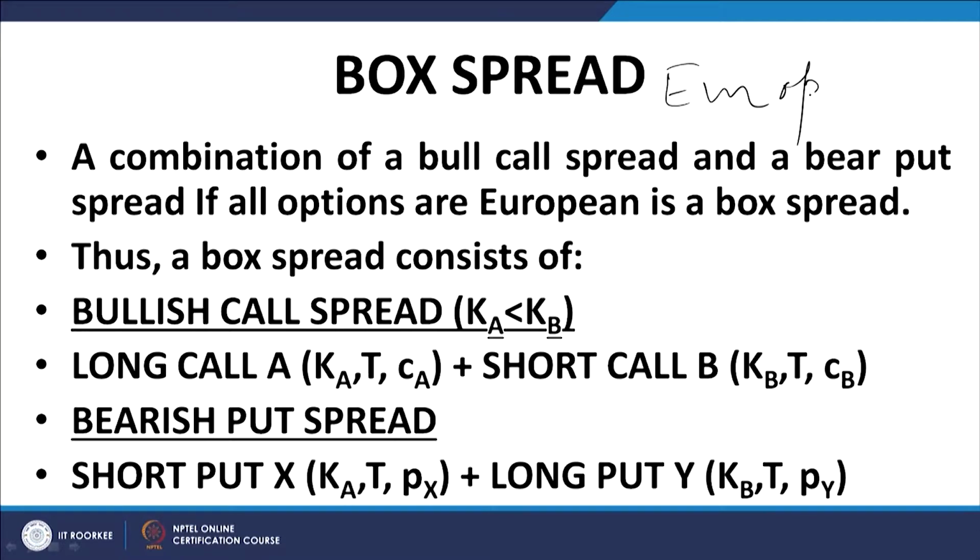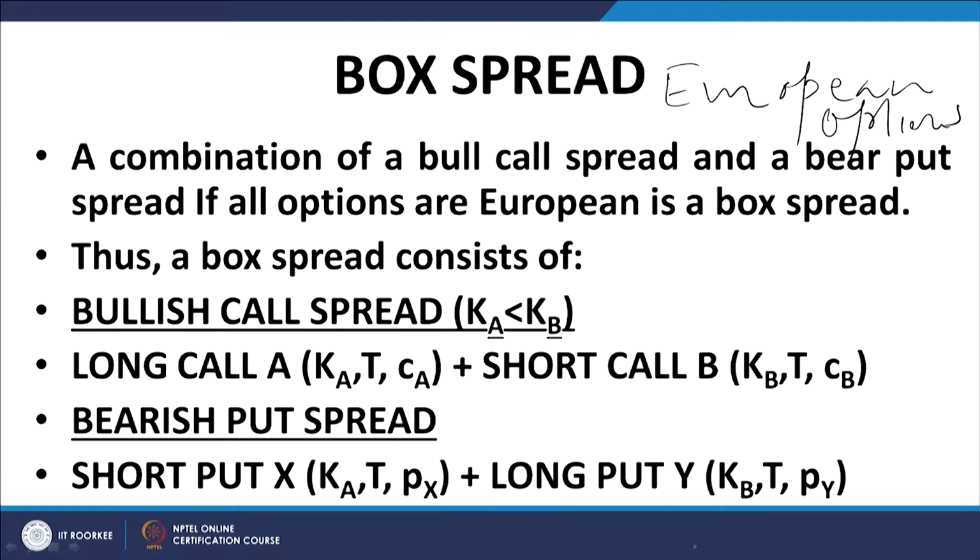So far all that we have been talking about are European options. So, the box spread consists of a bullish call spread, two prices Ka, Kb, Ka less than Kb, same maturity T and European options. Ca and Cb are the prices of the two options, and we have a bearish put spread.